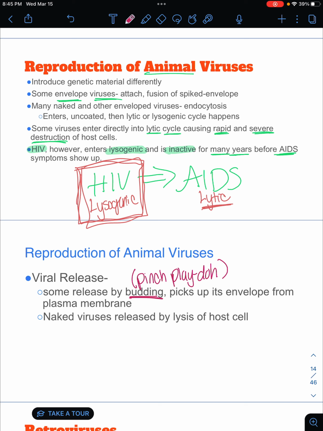It picks up its envelope from the plasma membrane. It just takes part of the plasma membrane of that cell and uses it as its own. But naked viruses, the ones that don't have anything outside, are released by lysis of the host cell. So that's like a burst cell, and the guts are coming out.